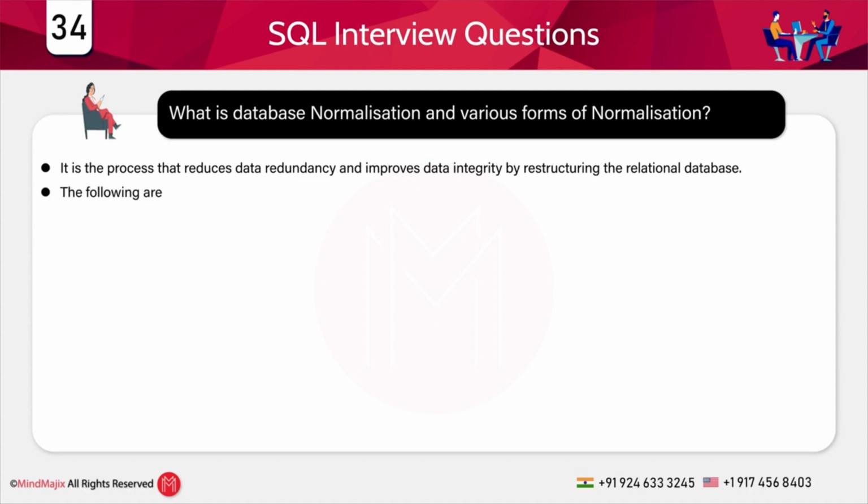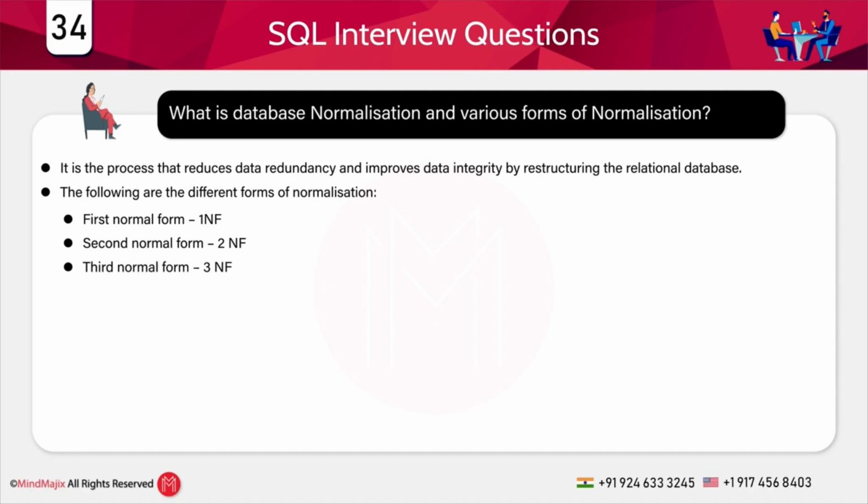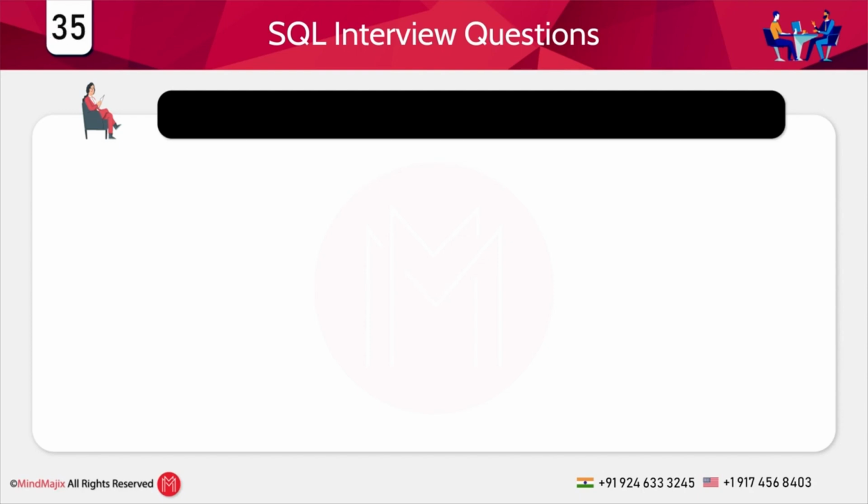Now, if you talk about the various forms of normalization, as you can see on the screen, these are the various types: the first normal form, or 1NF. The second one is the second normal form, or 2NF. Then you have the third normal form, which is 3NF. After that, you have the Boyce Codd normal form, or the fourth normal form, which can be called BCNF or 4NF.